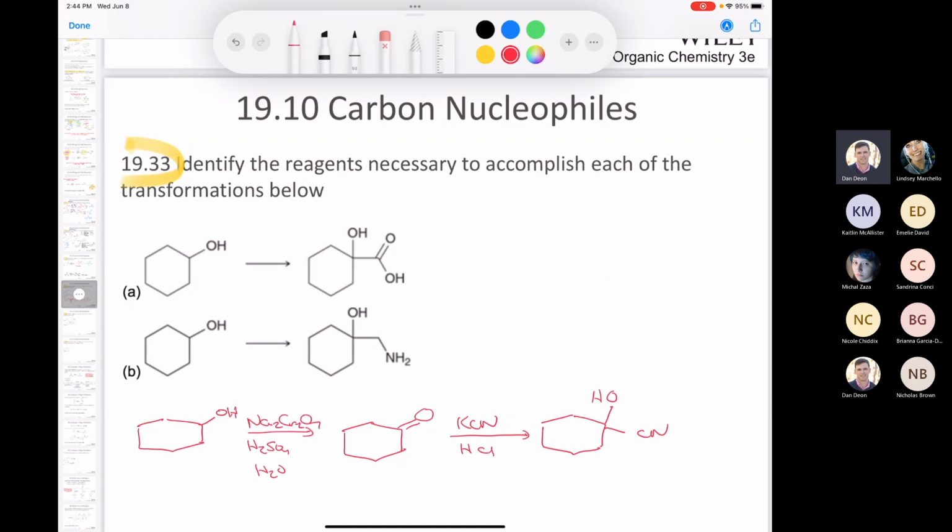We're going to take this and treat it with H3O+ and heat it up. And that's going to convert the nitrile into a carboxylic acid. Whereas if we wanted to take the cyanohydrin and make a primary amine, that's two steps. The first step is lithium aluminum hydride, and the second step is to treat it with water.